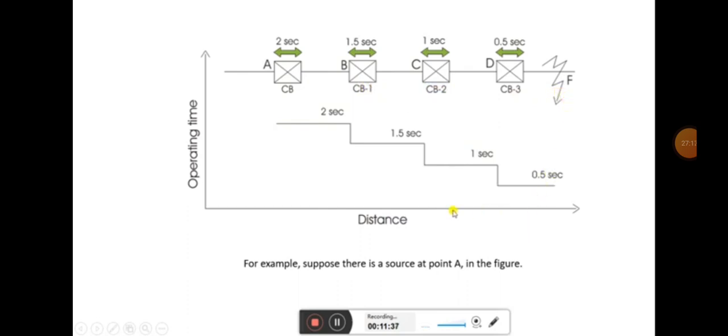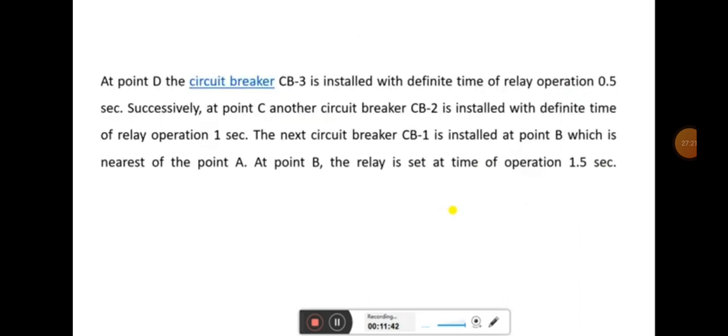Now let us define how this system will operate. At point D, circuit breaker CB3 is installed with a definite time relay operation of 0.5 second. Successively, at point C, another circuit breaker CB2 is installed with a definite time relay operation of 1 second.